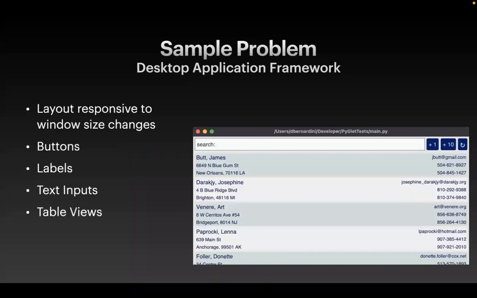designing an application framework. So your goal is to create a set of widgets and a layouting system and a rendering system so that you can design a UI with simple requirements, so no fancy stuff like tabs and so on, but just buttons, labels, text inputs, and a table view so that you can show data, and a responsive layout.